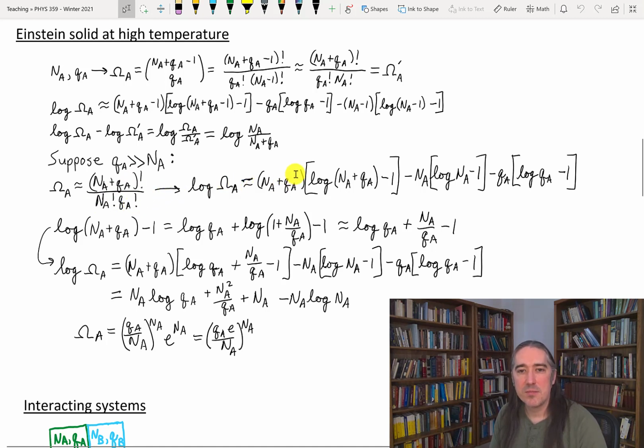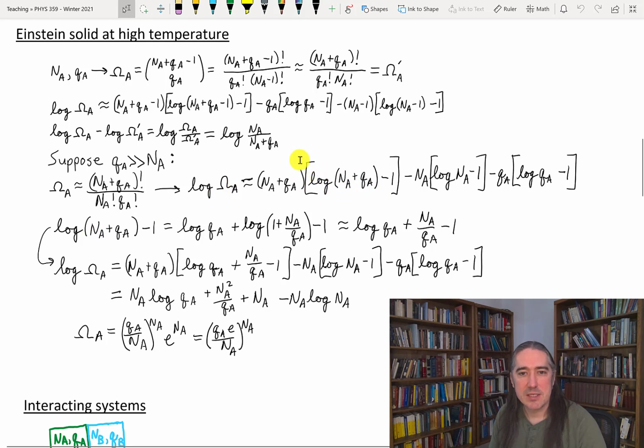We take the logarithm, and again we factorize using the Stirling approximation as we did before. Now we need to use the fact that one of these numbers is bigger than the other. When you do the homework and look at the low temperature, Na is much bigger than Q. In the high temperature limit, Qa is much bigger than Na.